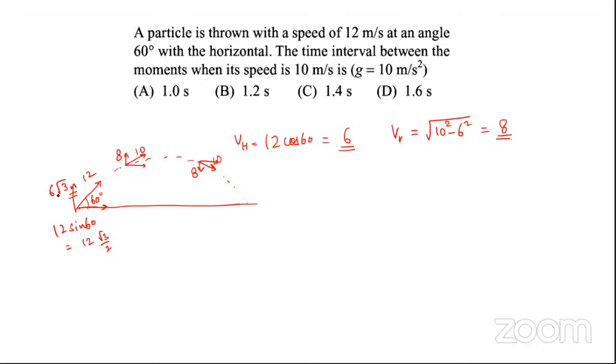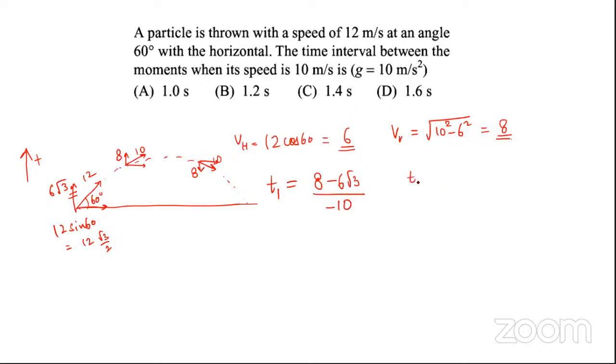Alright, so now we can use the equation of motion for both of these situations. For the first one, the time t1 can be written as v minus u by a. Taking this direction as positive, we have 8 minus 6 root 3 upon taking acceleration as 10.